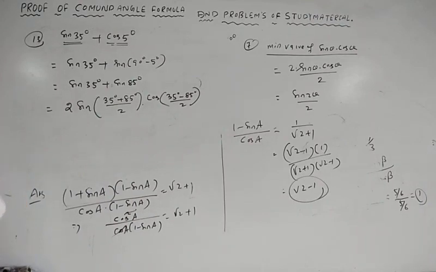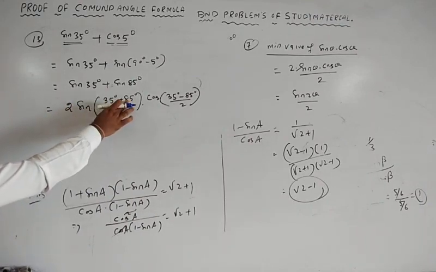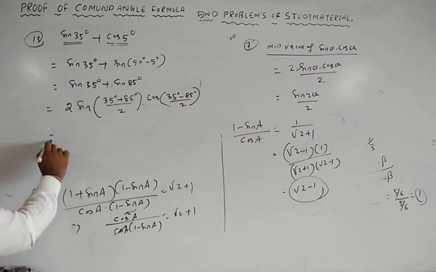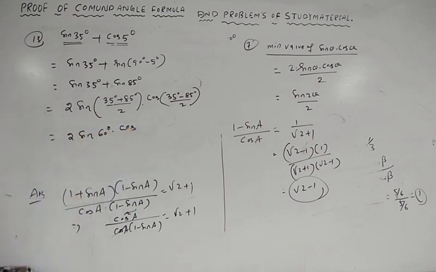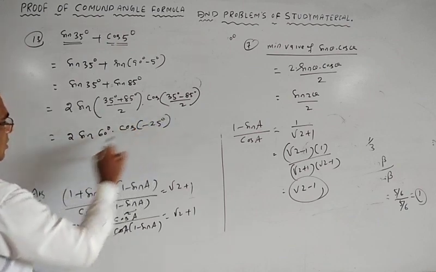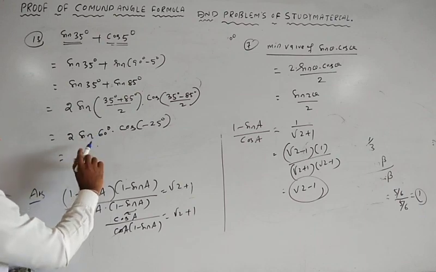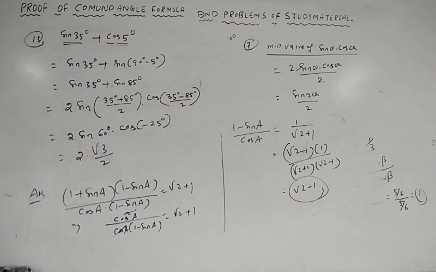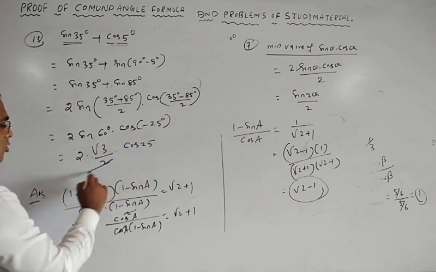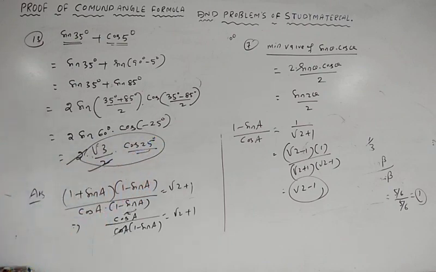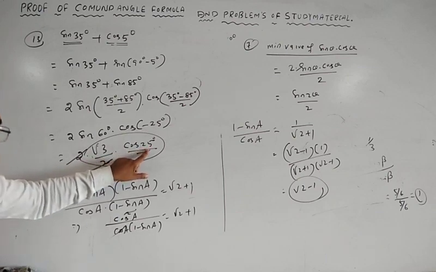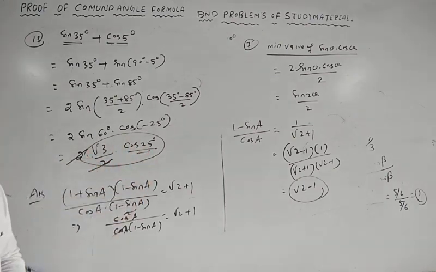So 35 plus 85 is 120, and 35 minus 85 is minus 50. So this is equal to 2 sin 120 by 2, that is sin 60 degree, into cos (minus 50 by 2), minus 25 degree. So sin 60 means root 3 by 2. Cos of minus 25 means cos 25 degree. 2 cancels, so the answer is root 3 cos 25 degree. 25 degree is not a special angle, so it will remain the same. So this is root 3 into cos 25 degree.